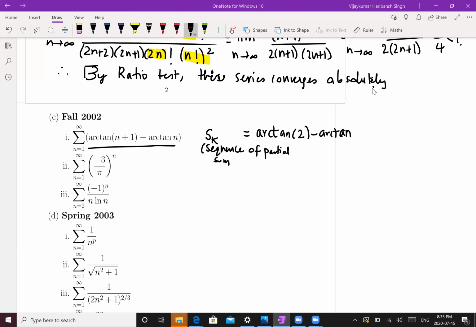Then what is the next term? The next term will be arctan of 3 minus arctan of 2.